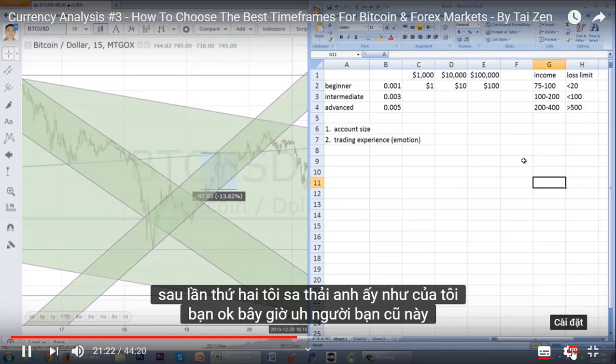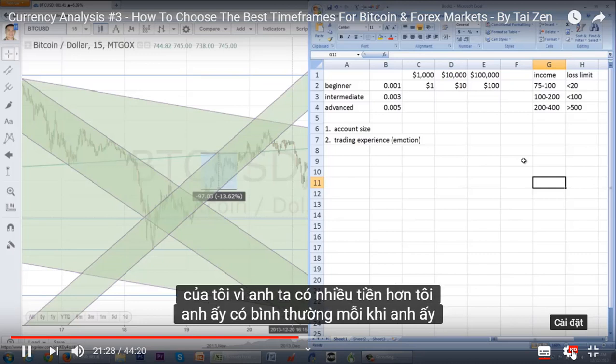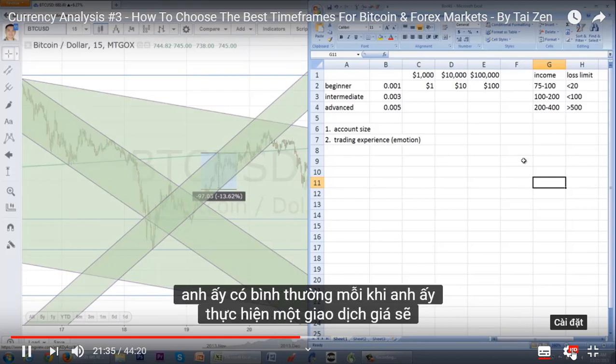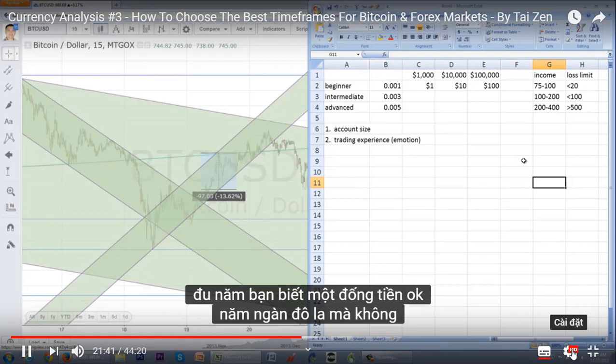Now this former friend of mine, because he had more money than I did, every time he made a trade, the price would swing a bunch of money, $5,000.